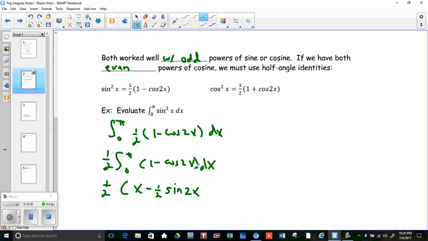So again, if you have a linear angle, which we do, what you're going to do is put the reciprocal of the slope of the linear function, which in this case is 2, out front. So the reciprocal is 1/2. And then we're going to evaluate from 0 to pi.